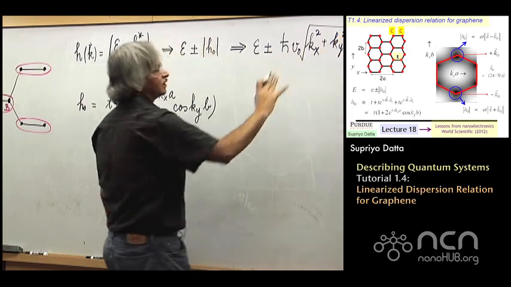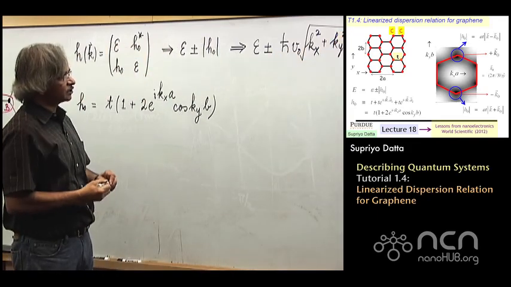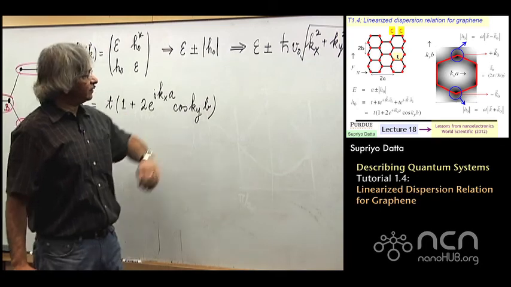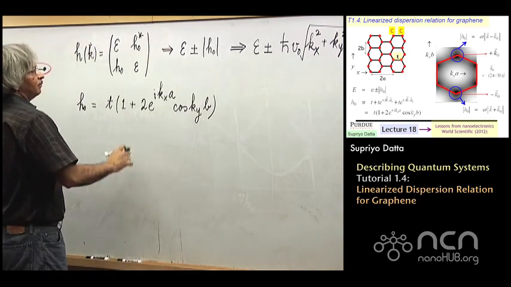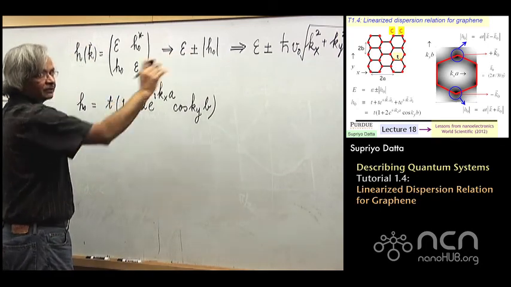So this is the result that you'd usually see in the literature. This is what you often use. And the question is, how do I get from where we are to that result?